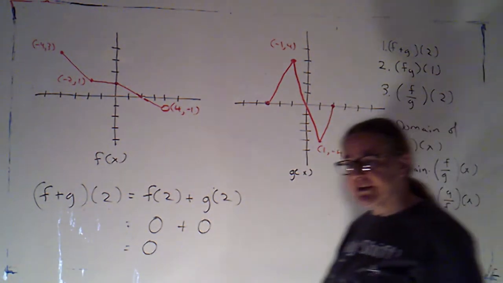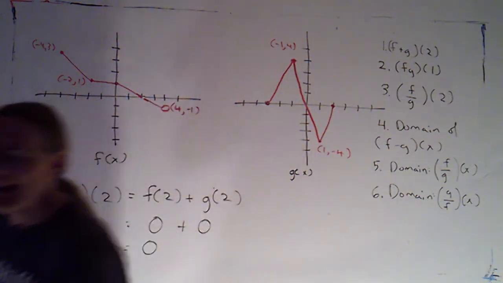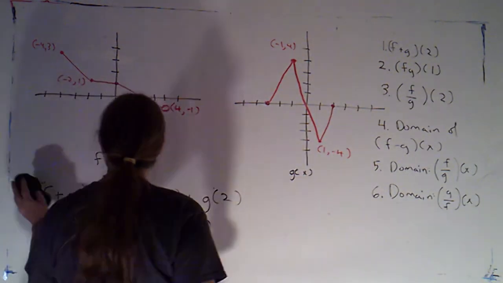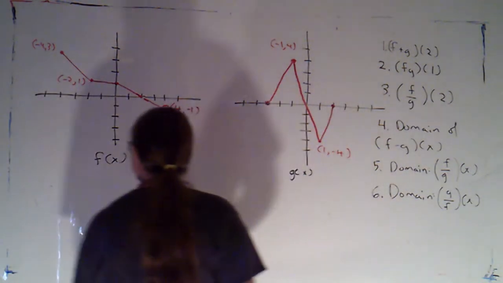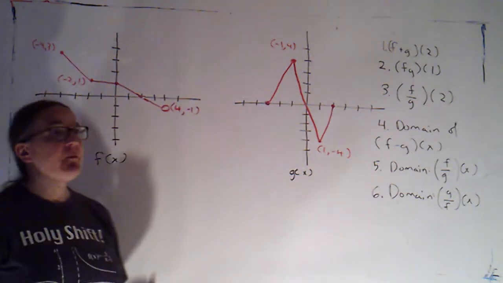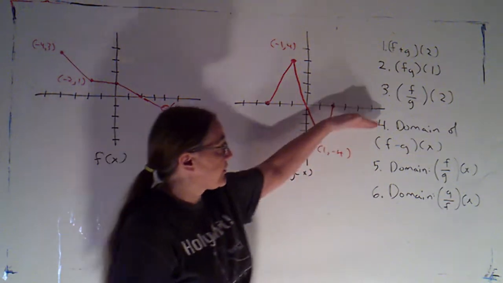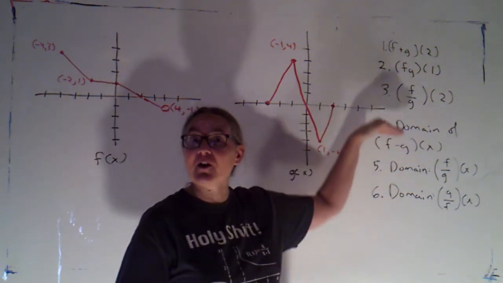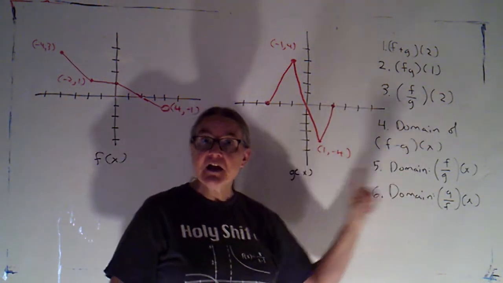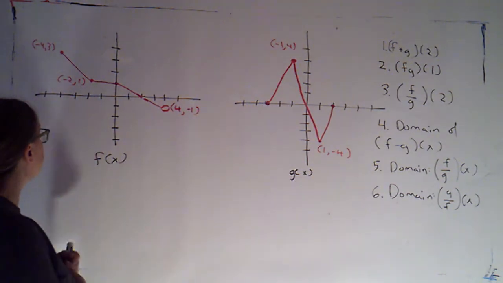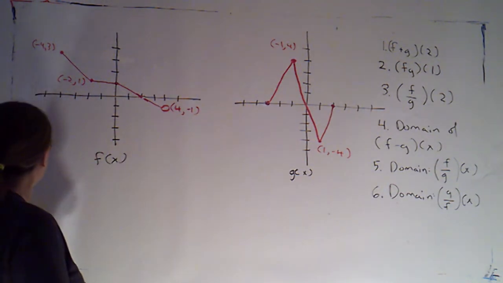Let's just review a little bit about domain. Now, I didn't ask you to find the domain of f and g individually, but I would always do that as a first step before finding the domains of any of these more complicated functions. So let's just review how we would find the domain of f.